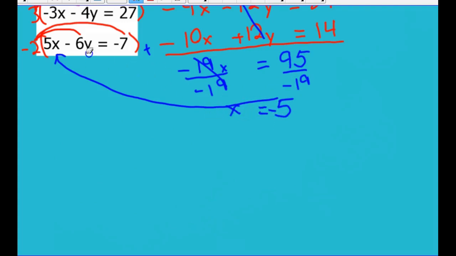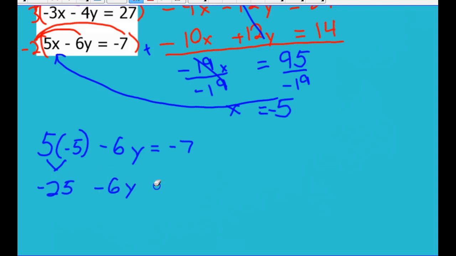So we're replacing x with -5. And we get 5 times -5 minus 6y equals -7. 5 times -5 is -25. Minus 6y equals -7.